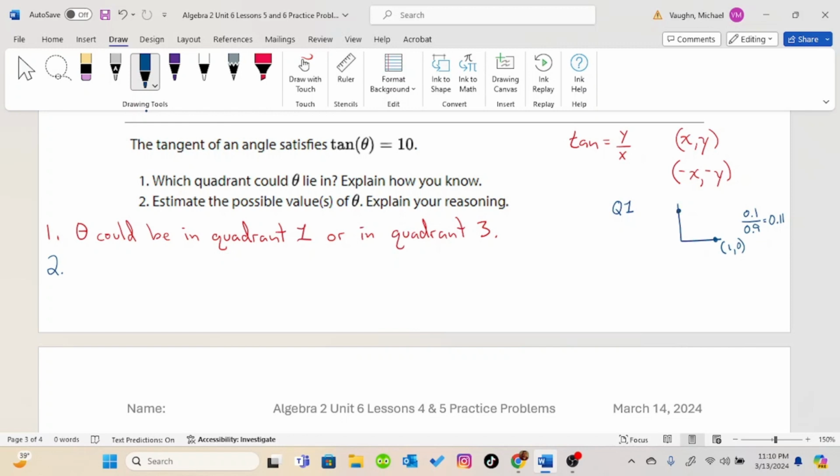But if we're up at the top, we can't be exactly at the top either, because this point is 0, 1, and we would have 1 divided by 0, which is not allowed. You cannot divide by 0. But if we were really close, we could be at 0.9 divided by 0.1, which would be 9.